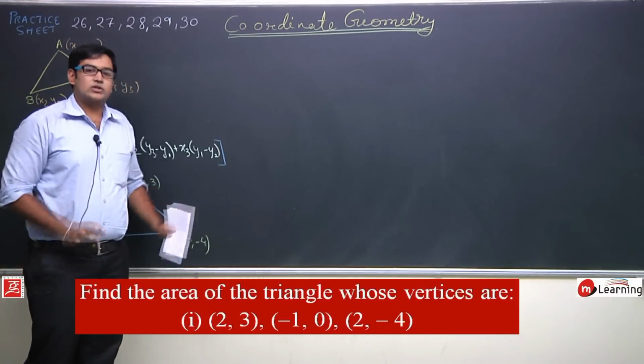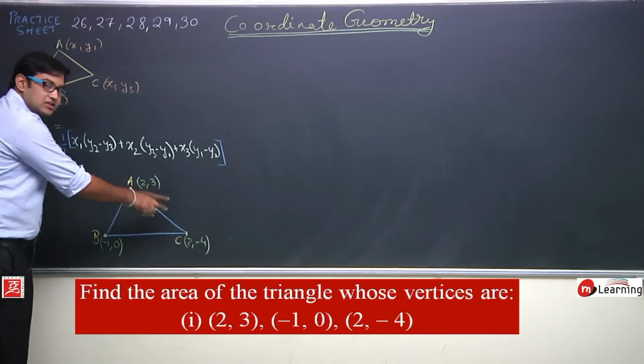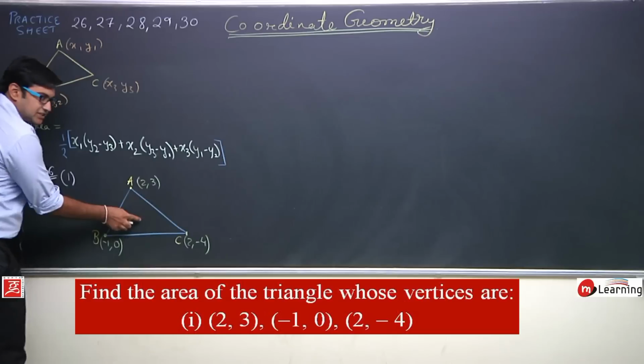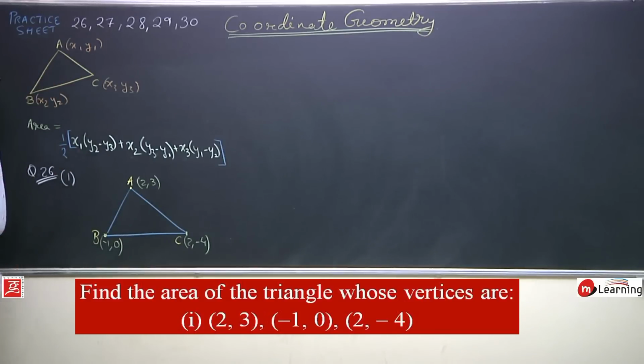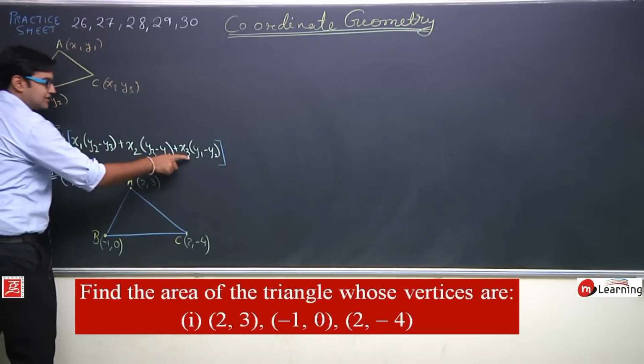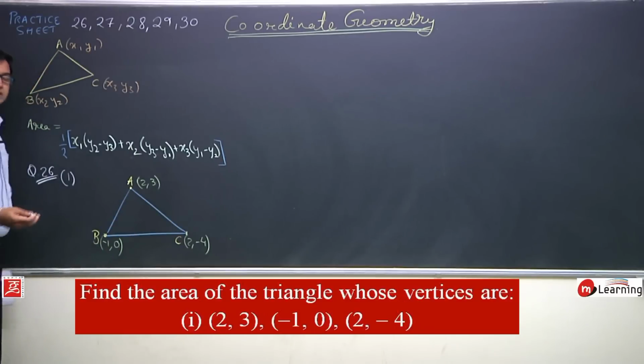It doesn't matter. So if this is the triangle, these are the coordinates of the triangle. I am going to compare this triangle with the general triangle. Why? Because I need to know what is x1, x2, x3, and what is y1, y2 and y3.